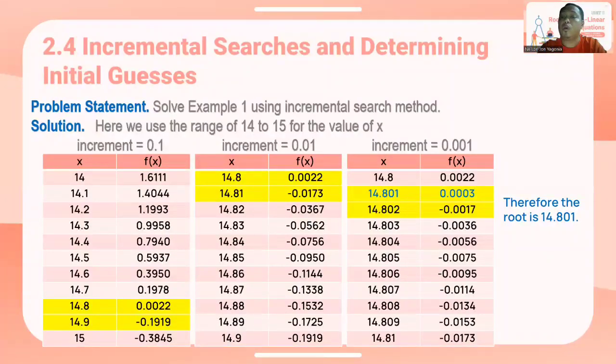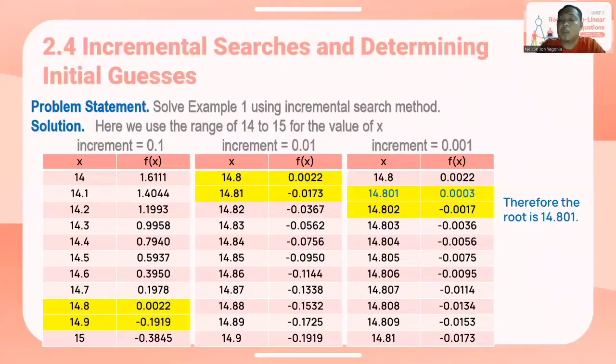Therefore, we will have another set of finer increment, which is 0.001. From 14.8, we will now have 14.801, 14.802, 14.803, 14.804, and so on and so forth until it reaches 14.81. So again, we will solve for the function of x for each increment.